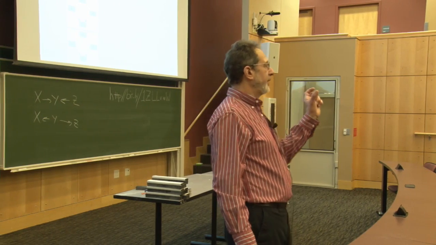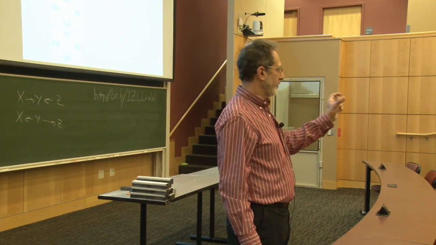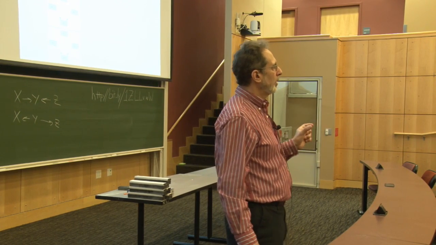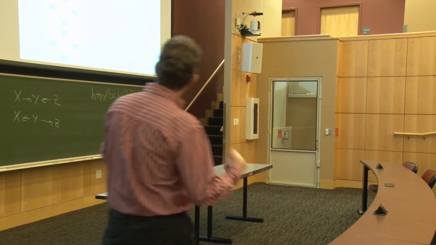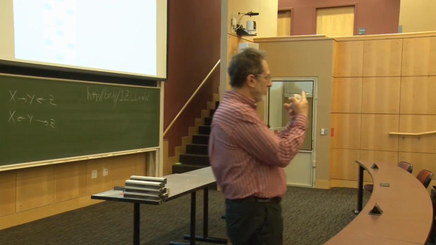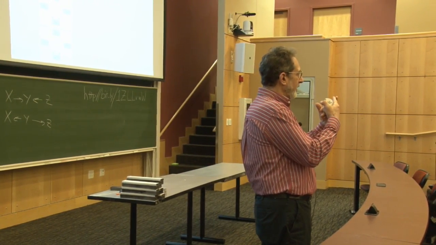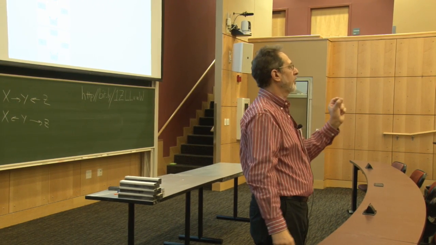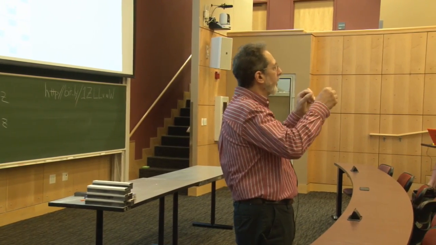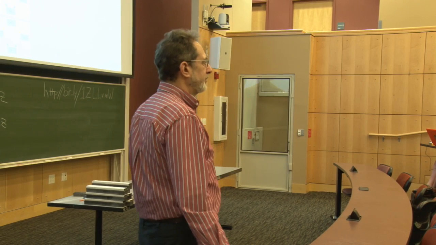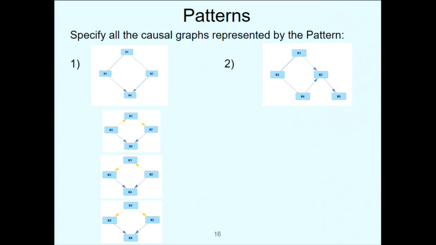So when the pattern is a representation of an equivalence class, the rule I didn't give you is when you have 2 undirected edges adjacent to each other, the variable that connects them has to be designated as a non-collider. So there's an extra mark, as it were, that we don't represent, but that you have to know about. So I've not really done it in precision, but that's the idea.